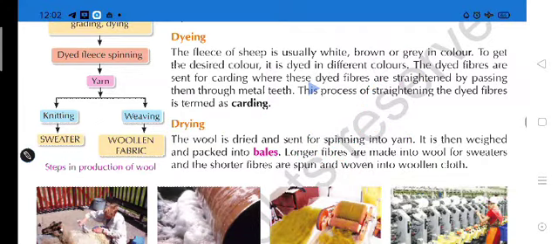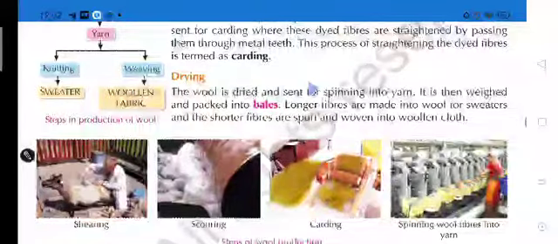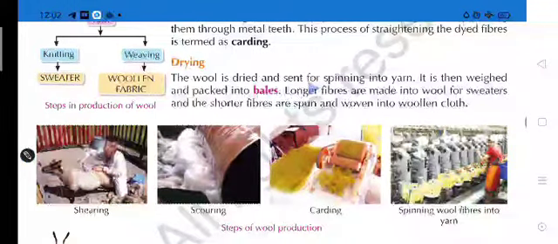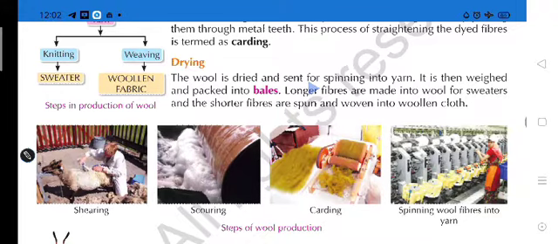For spinning, we have to send that fiber to factories, and it is then woven and packed into bales. Longer fibers are made into wool for sweaters, and the shorter fibers are spun and woven into woolen cloth. So long fiber will be used for what? For sweaters, and short fiber will be used for woolen cloth.